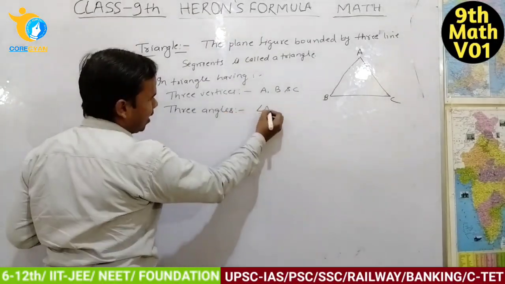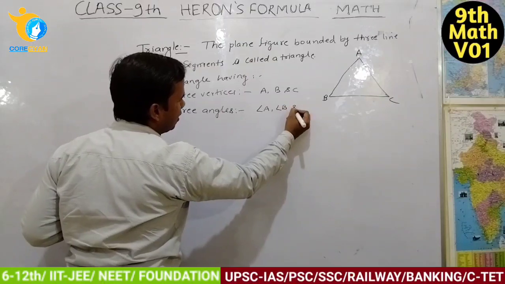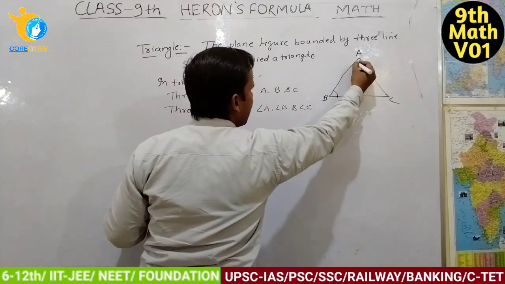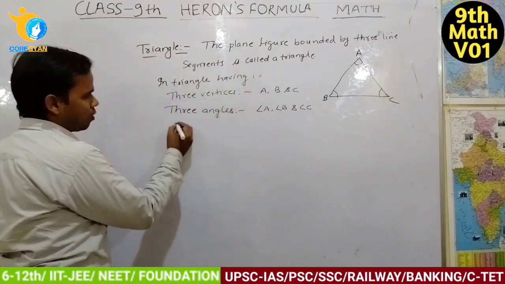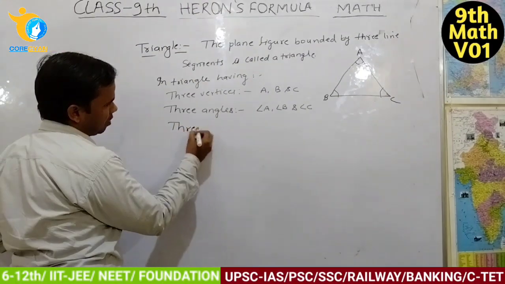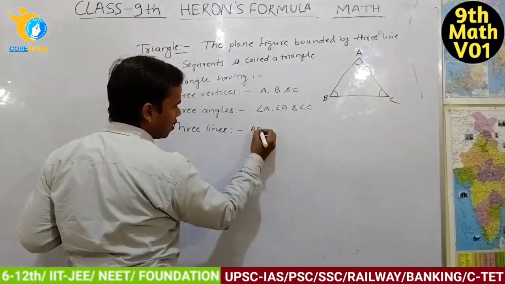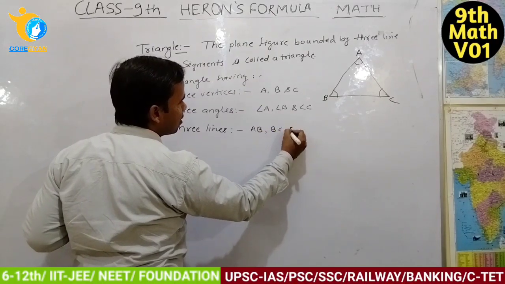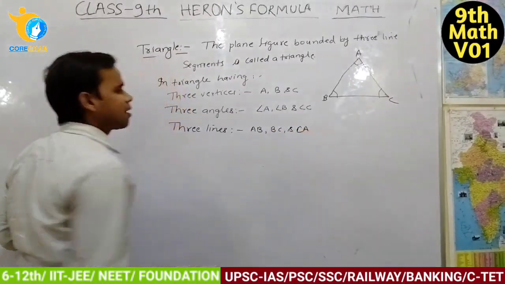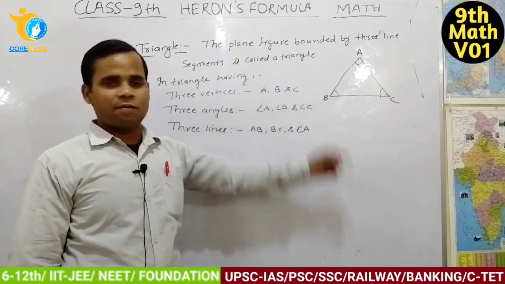So this is angle A, angle B and angle C. Three angles are in the triangle and also three line segments: this is AB, BC and CA. Three lines, three angles, three vertices.